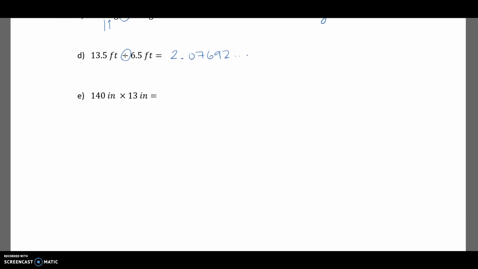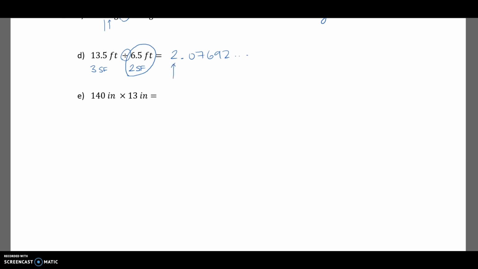In 13.5, there are 3 significant figures. In 6.5, there are 2 significant figures. Remember, if you need help with determining the number of significant figures, you can look back at the previous videos. I need to round my final answer to the same number of significant figures as my least accurate measurement, so I'm rounding my final answer to 2 significant figures.